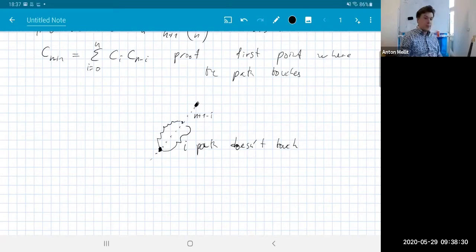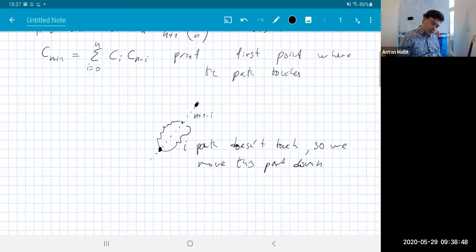So what we can do is move this part down a little bit. For instance, if this is the first touch point, it means that the path must stay somehow like this. Then we can move it down and we get a shorter path. That's how you get this.